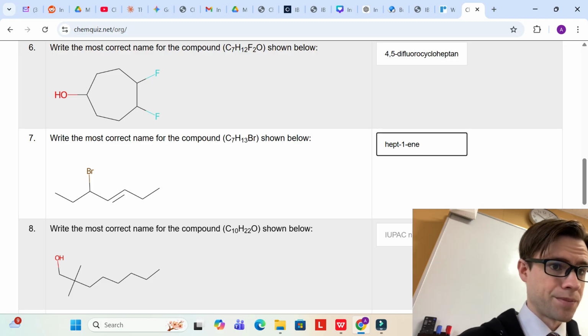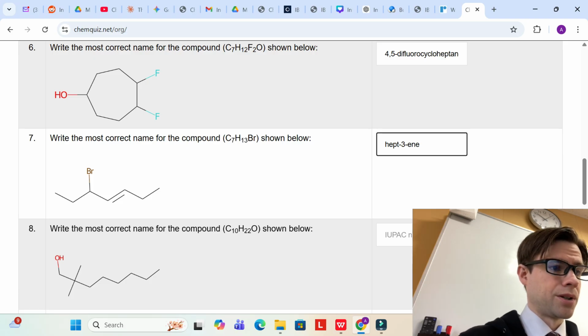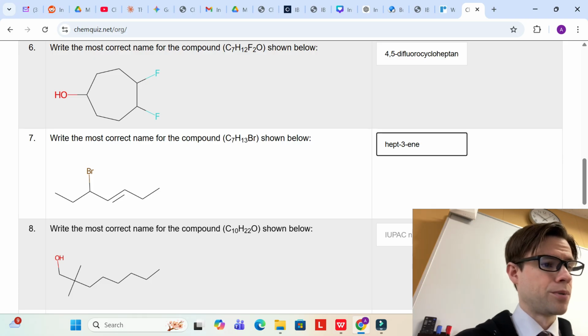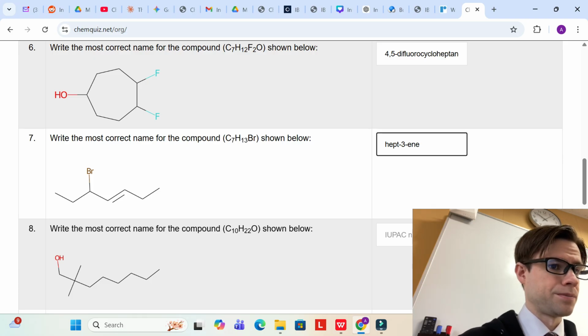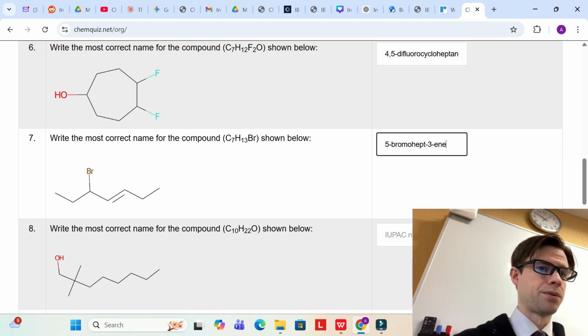Oh, sorry, hept-3-ene. That alkene double bond can be on carbon 3 as the lowest. And then the bromo group, 1, 2, 3, 4, 5. 5-bromohept-3-ene.